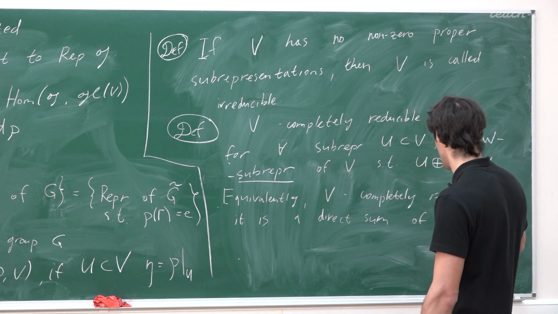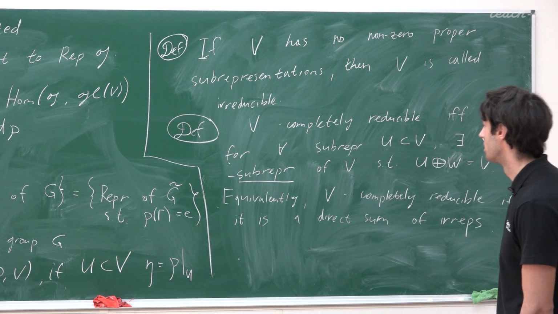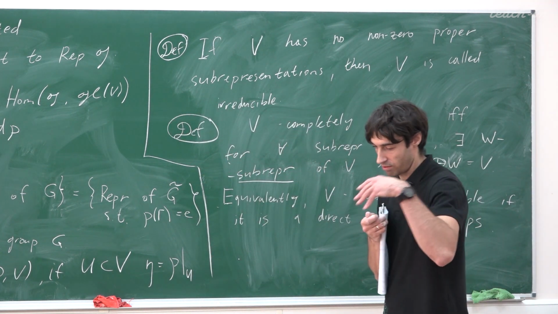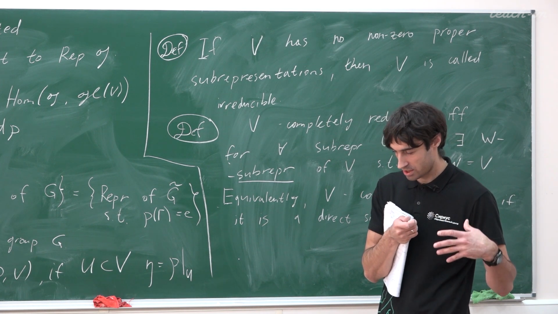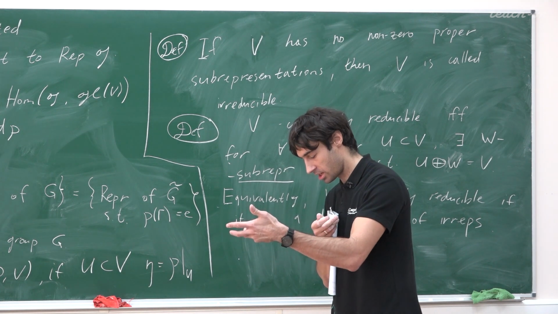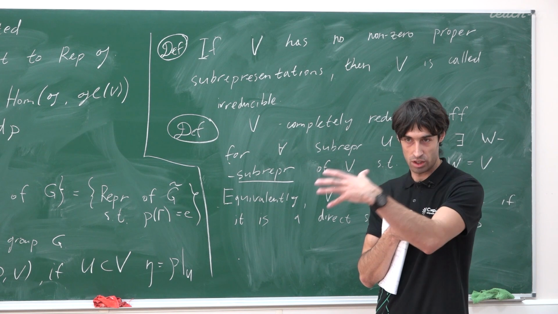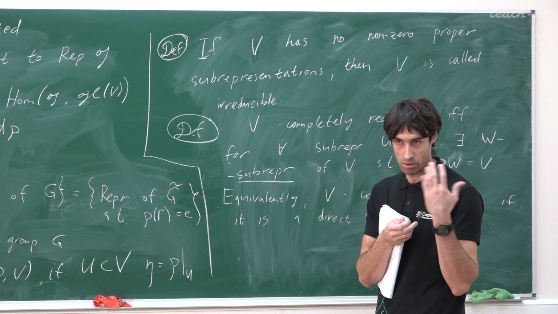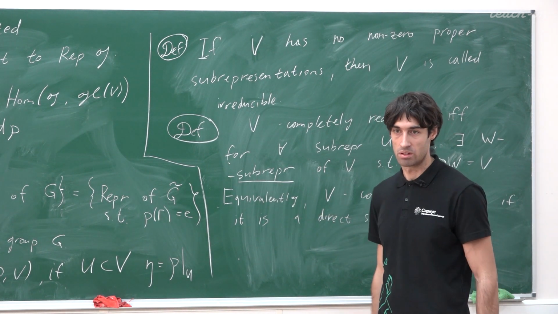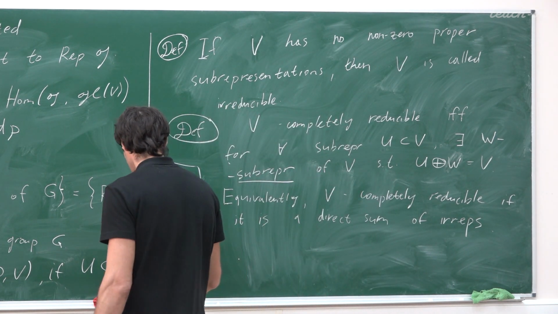Sometimes I will just shorten it and write irrep. So you can find a subrepresentation and a complement subrepresentation. Then you do the same inside each summand, and so on until you get only irreducibles in your direct sum.